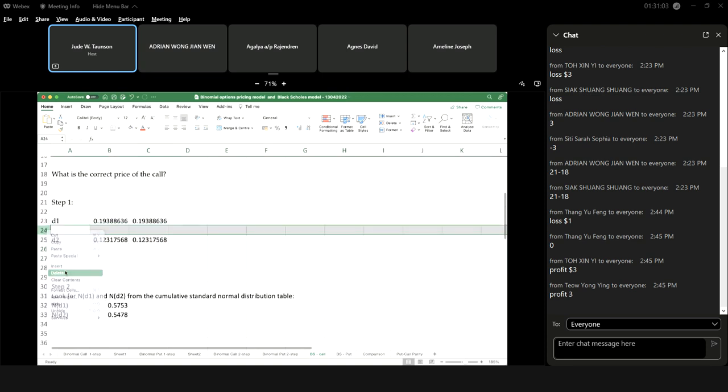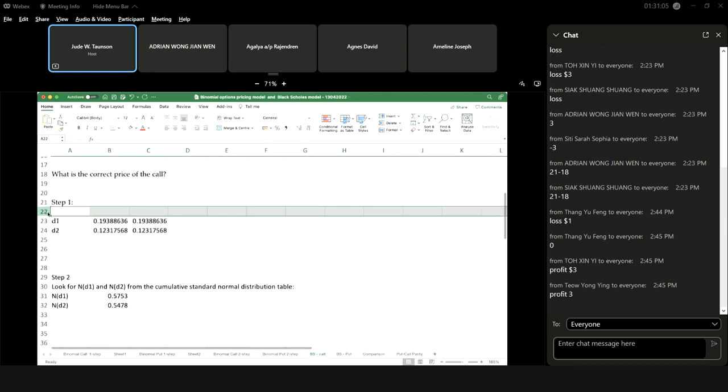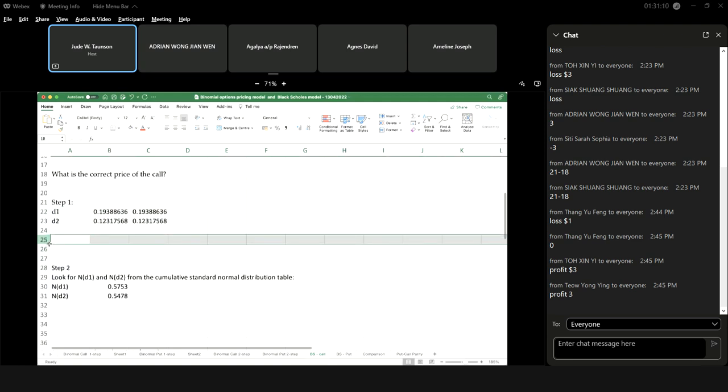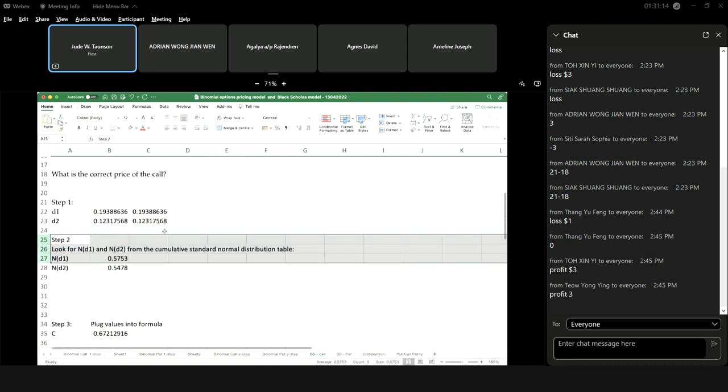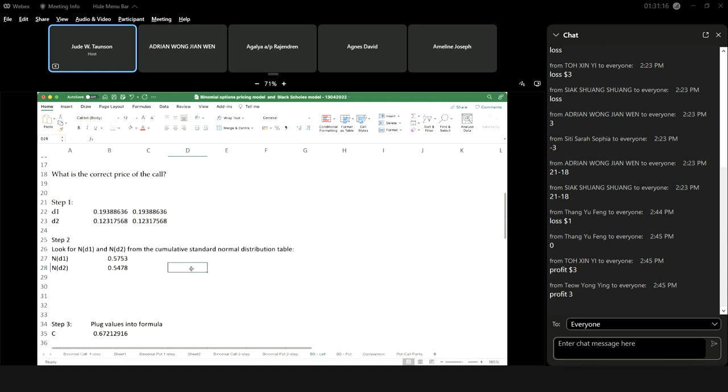The second step will be to find the value in the distribution table. Okay, let me get the table. Right, one minute.